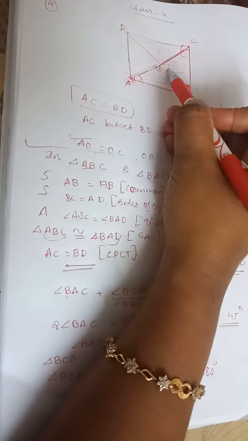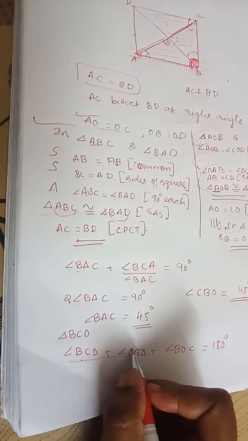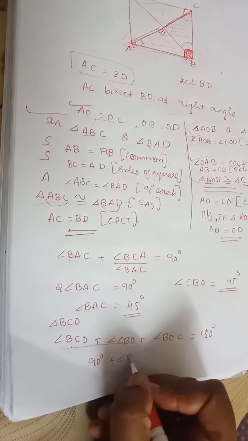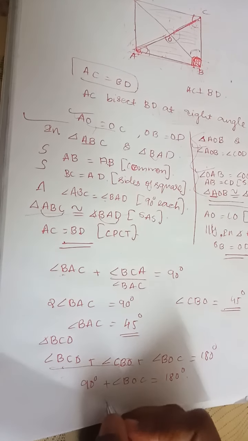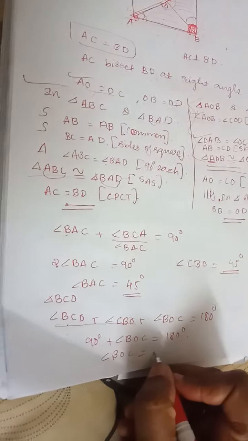Instead of BCO plus CBO, sum of these two angles is equal to 90 degree. So 90 degree plus remaining angle BOC is equal to 180 degree. So we will get angle BOC is equal to 180 minus 90, which is 90 degree.